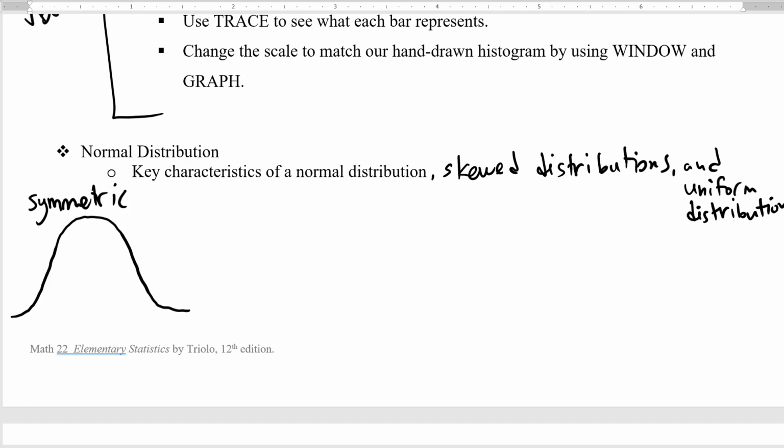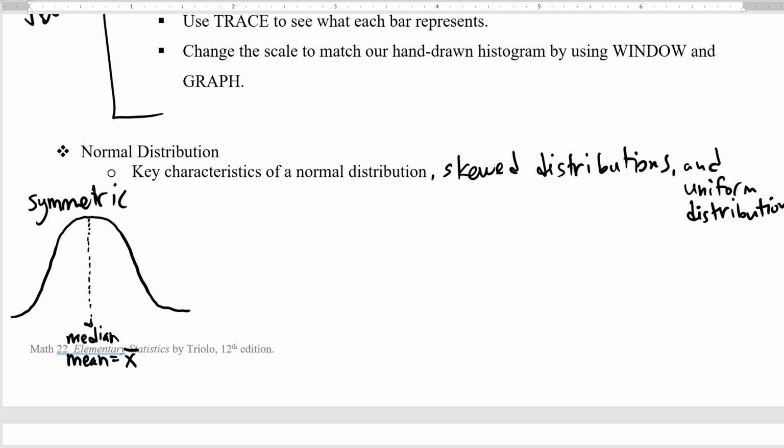But numerically, what happens is if I go to the center of that graph, the median falls right on the center, and the mean, which we use the symbol x bar for, also falls right along the center. So the middle number and the average of the numbers both fall right along the center. That happens with the normal distribution.